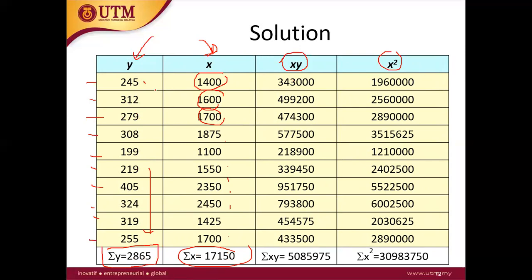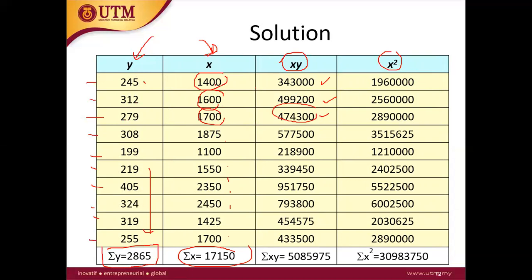So 245 times 1400, you get 343,000. 1600 times 312, you get 499,200. 1700 times 279, you get 474,300.